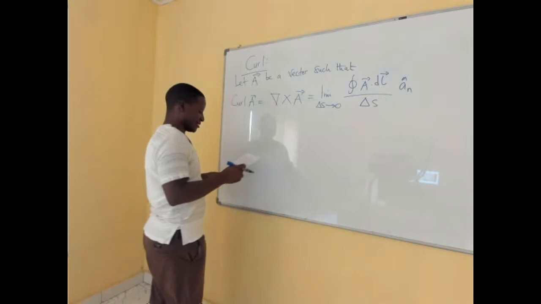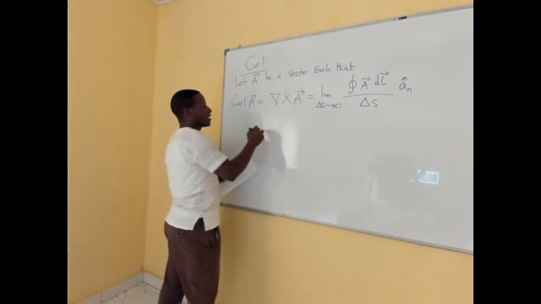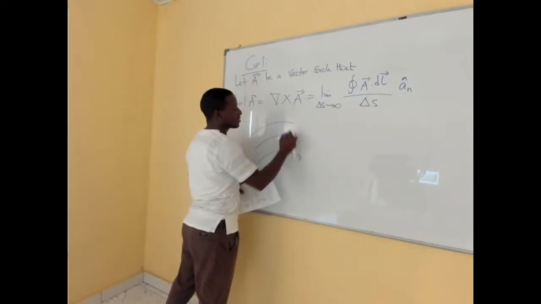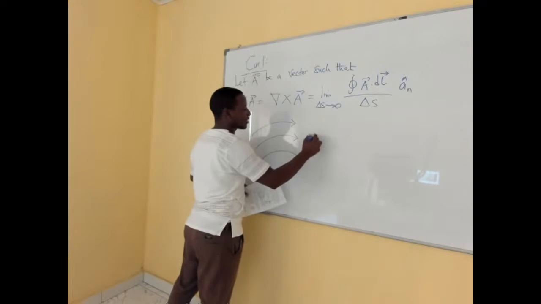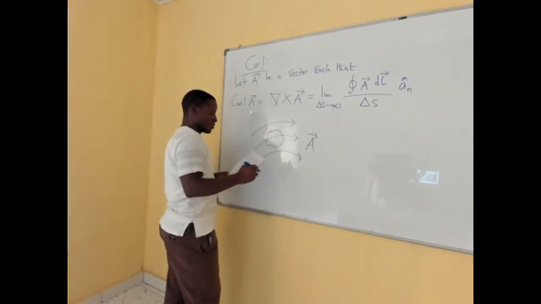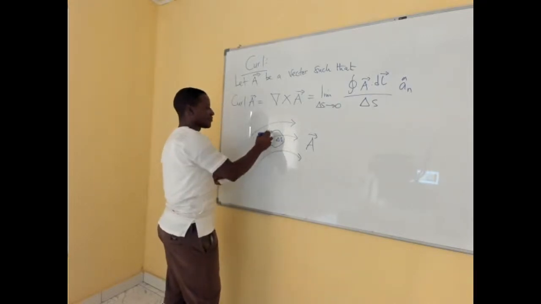In other words, if we have the electric field moving in this direction, that is your A, then you have your change, which is a small surface, this surface here.